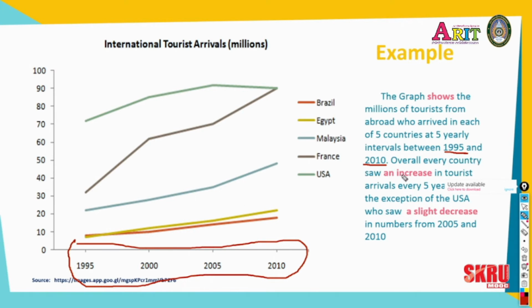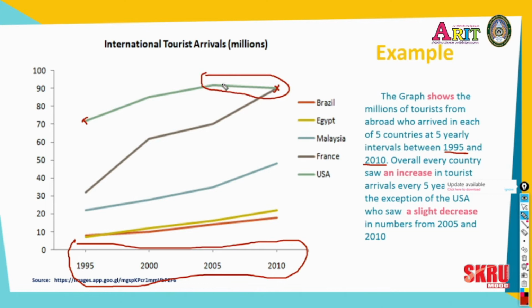Overall, every country saw an increase. Every country has gone up from their start point to their end point. None of them are lower than they were at the beginning. Every 5 years, with the exception of the USA, who saw a slight decrease, the only change going down is the last 5 years.